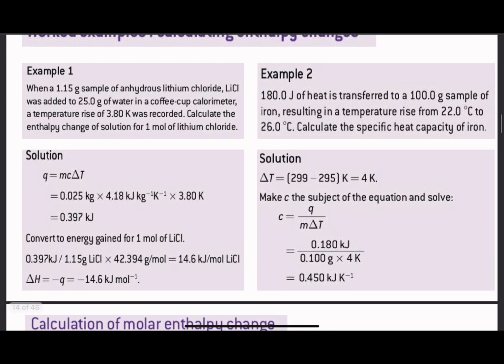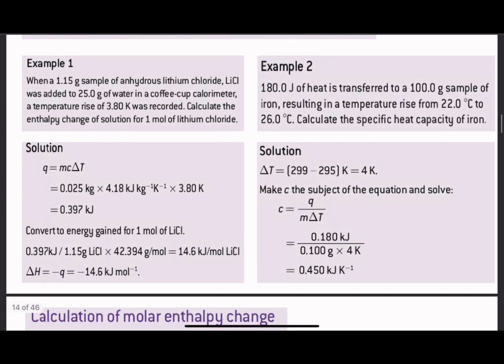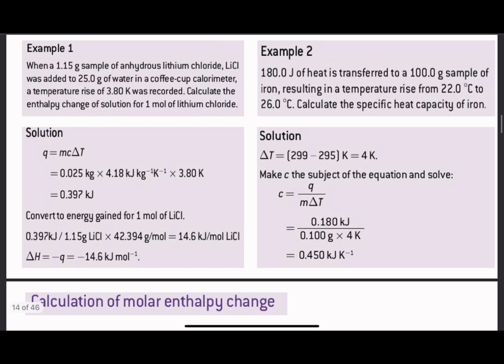Now please go through this question again. When you have a 1.15 gram sample thrown into 20 grams of water, there was this much temperature increase.